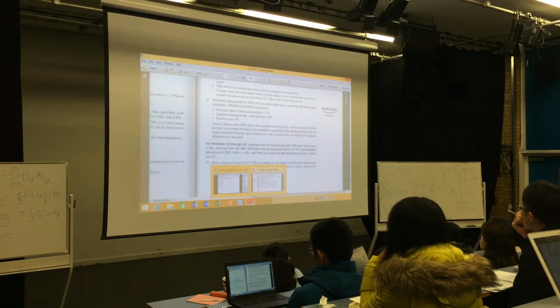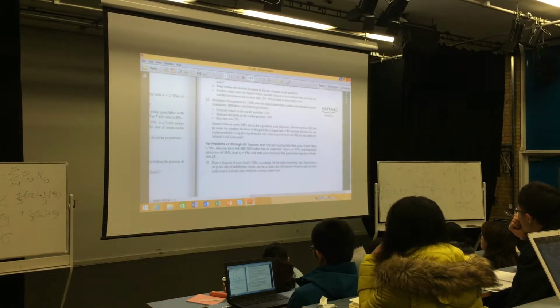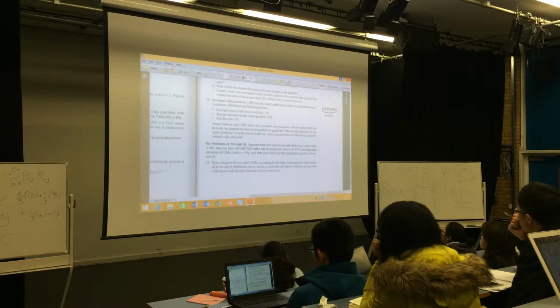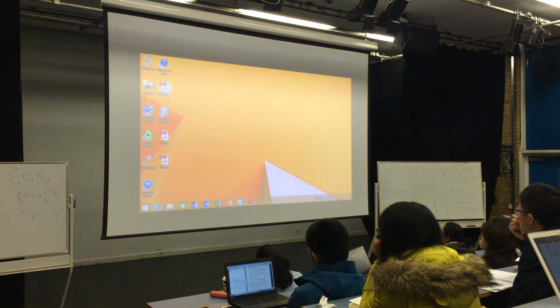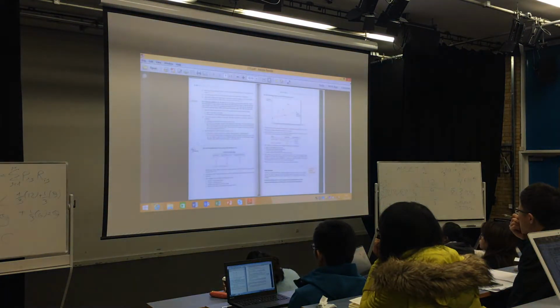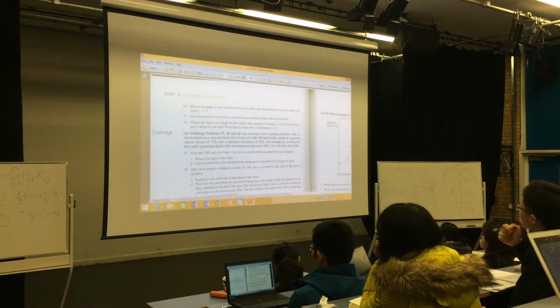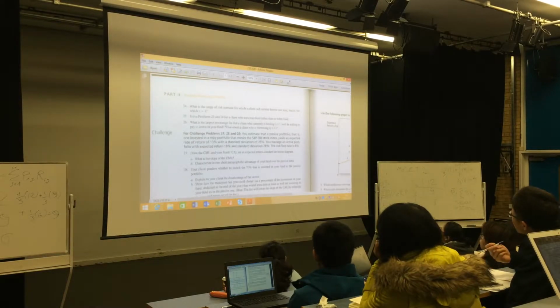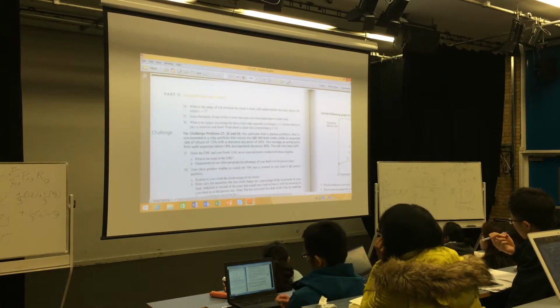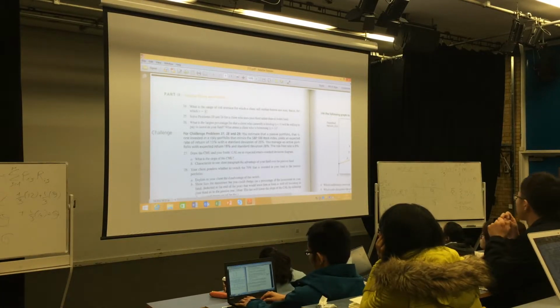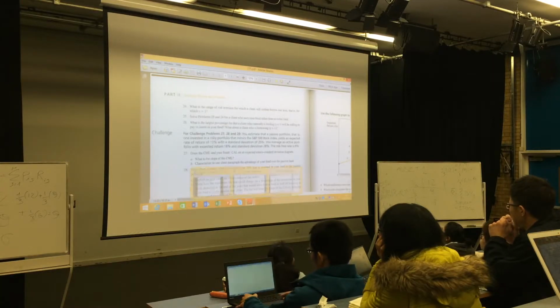So the question now is the following. What is the range of risk aversion for which a client will neither borrow nor lend, that is, for which epsilon is equal to 1?